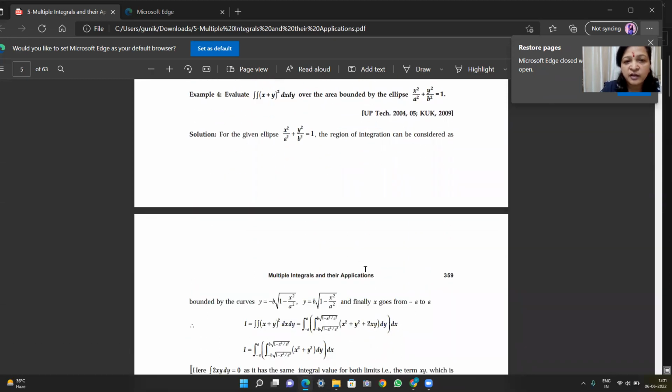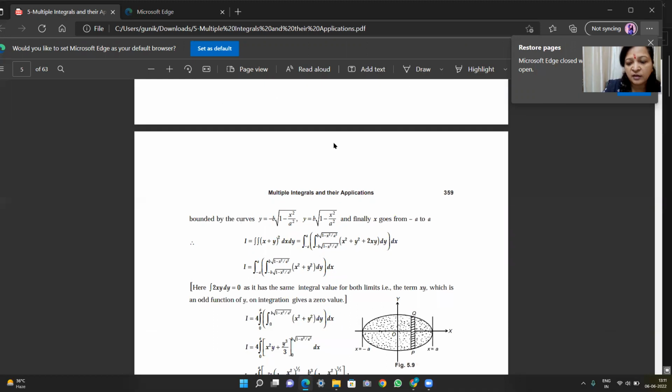In the next example we have to find the area bounded by the ellipse x square upon a square plus y square upon b square equal to 1. Now for the given ellipse we have the region of integration as this one.